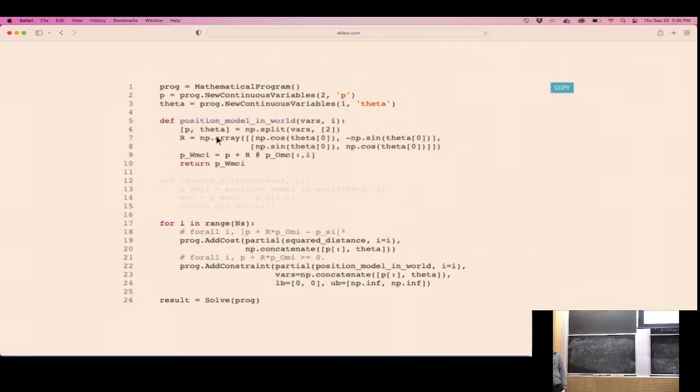I can just say what's the position in the world. I take R as cos theta, sine theta, cos theta, and I compute it with just the normal math. Similarly for the squared, I can just call square, multiply the two vectors together in numpy, and mostly it'll just work.